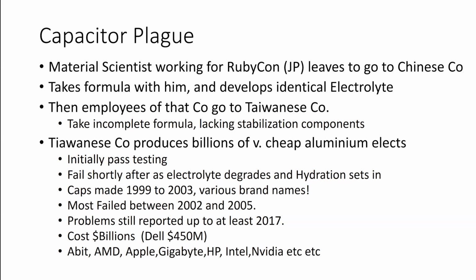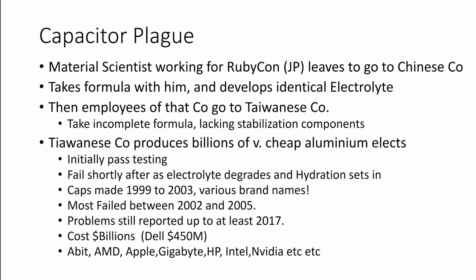And between 2002 and 2005, most of these capacitors had failed, but there were still problems being reported up to just before the pandemic. We don't know how much this cost. Dell put out a statement saying that dodgy capacitors had cost them nearly $500 million.